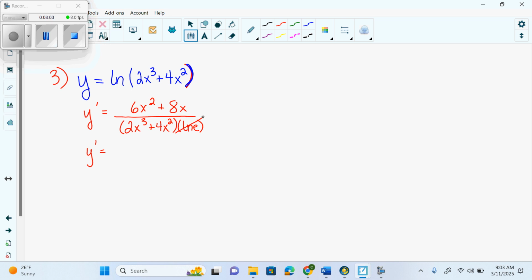What can we do to the numerator? Take out a 2x and I'm left with? And in the denominator? 2x squared, and I'm left with? So y prime equals 3x plus 4.